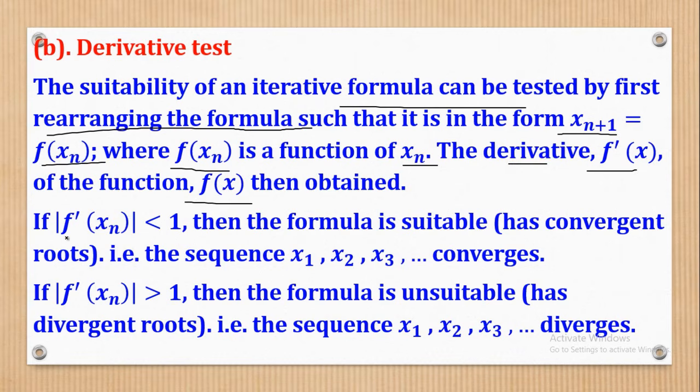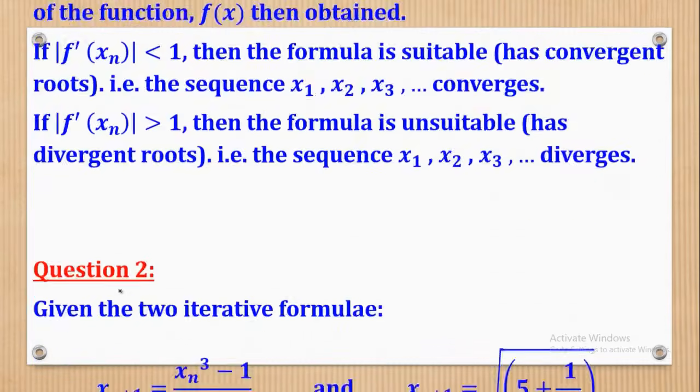Now what I'm comparing is, if this derivative, when you substitute in the initial approximation, has a magnitude less than 1, it implies that the formula is suitable to give convergent roots. But if the value is greater than 1, the formula will be unsuitable. So let's use that knowledge to see how this is done.